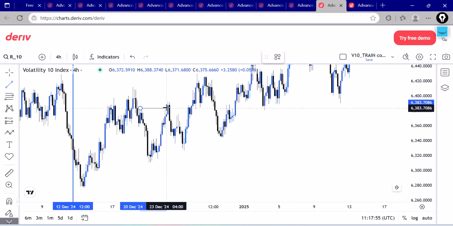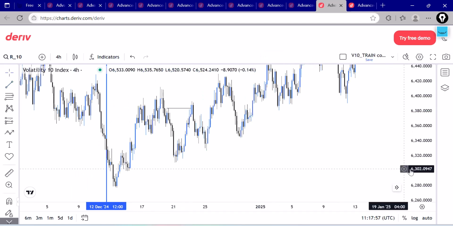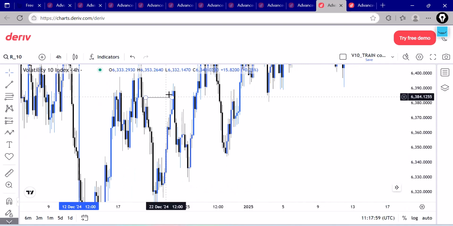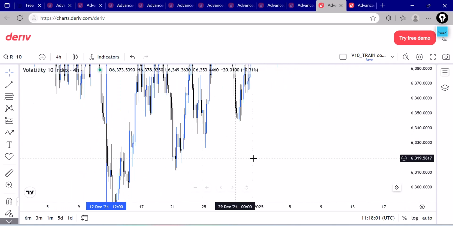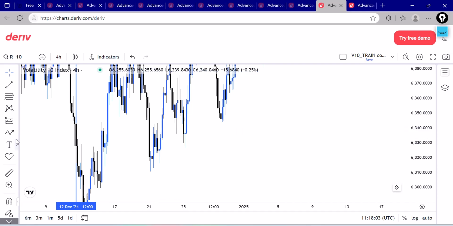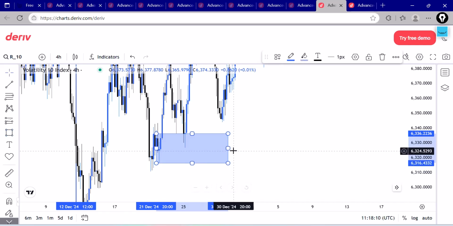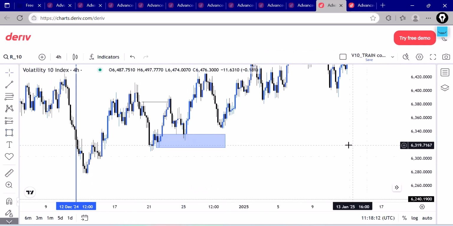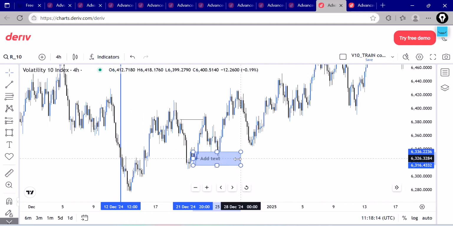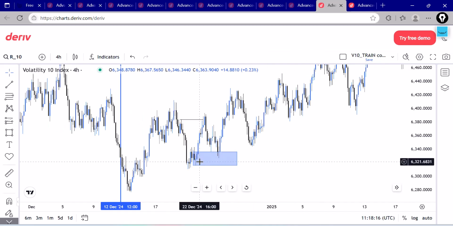There was a break of structure here to the upside. And where did it happen? It happened here. This is where it started from. So this is the zone.